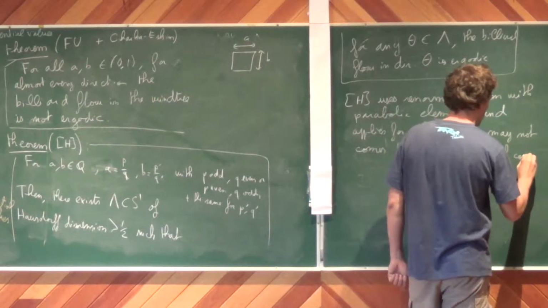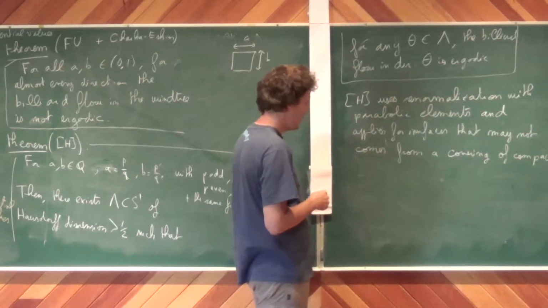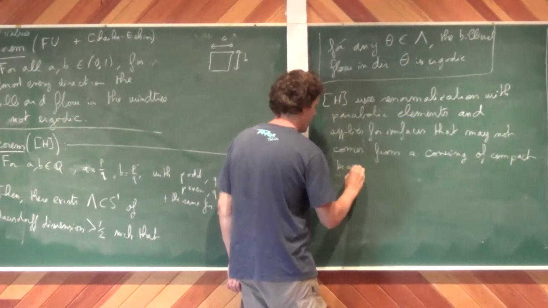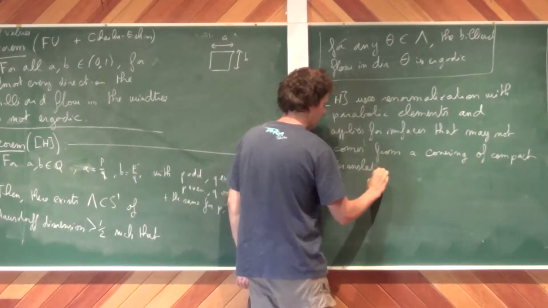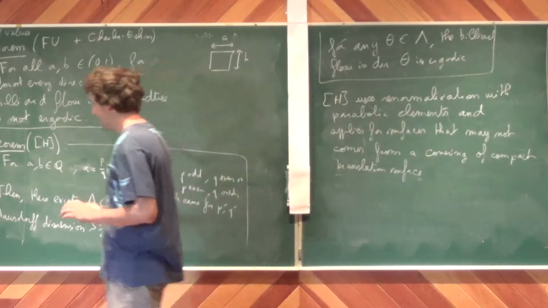And by compact, I mean a translation surface with a finite number of singularities.